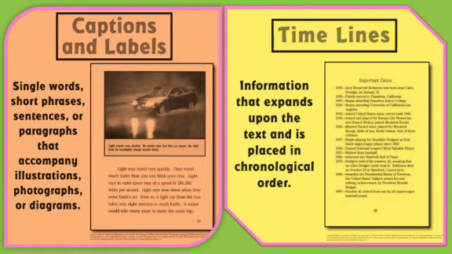Okay, the timelines. This is information that expands upon the text and is placed in chronological order. So if you find a timeline, remember that timelines are organized chronologically: what happened first, what happened then, what happened later, until the end, until now in this case. So you can see important dates.